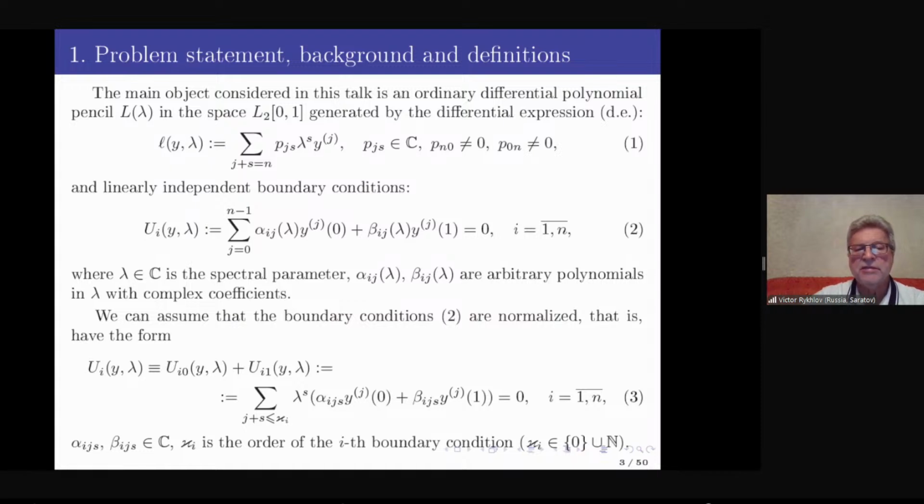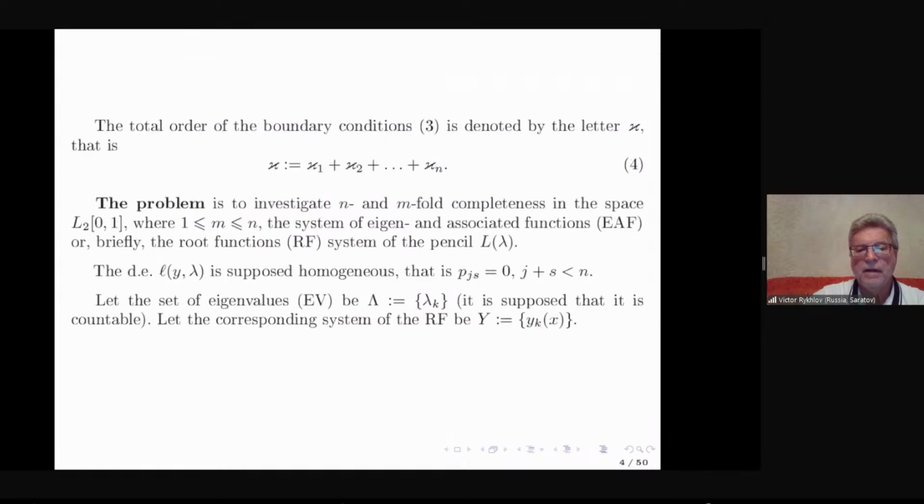We can assume that the boundary conditions 2 are normalized, that is, have the form 3. The coefficient is complex. Kappa_i is the order of the i-th boundary condition. The total order of the boundary conditions 3 is denoted by the letter kappa, 4.